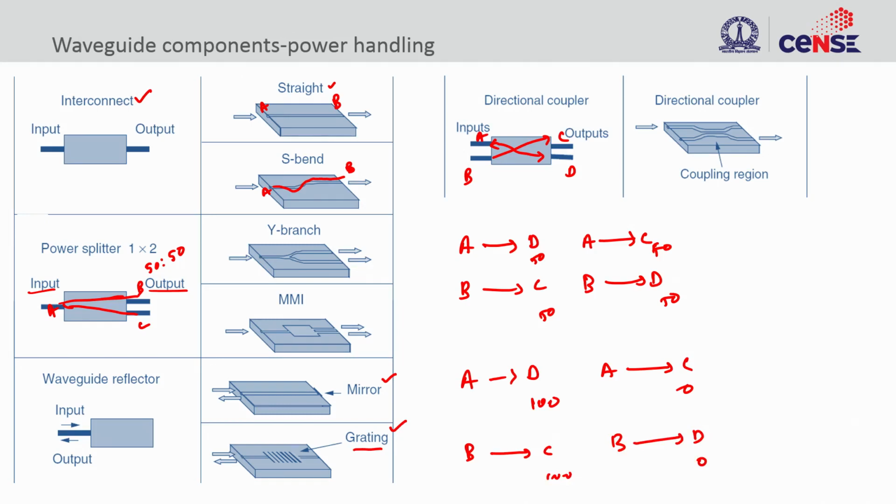So, how do we do this? So, this can be realized by using two waveguides very close to each other, which is called the coupling region here. So, when you have two waveguides close to each other, there will be a crosstalk between these two, and we use this crosstalk to achieve power transmission between these two waveguides.